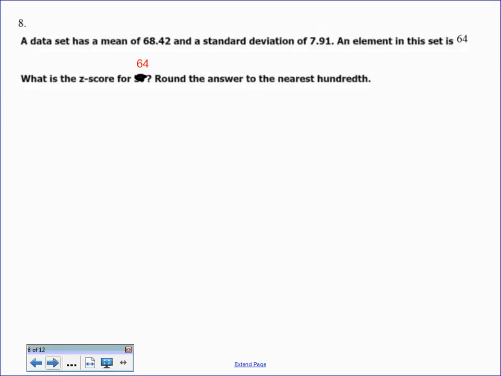A data set has a mean of 68.42 and a standard deviation of 7.91. An element in this set is 64. What is the z-score for 64? So once again, this is a simple one. X minus mu divided by sigma is the z-score.